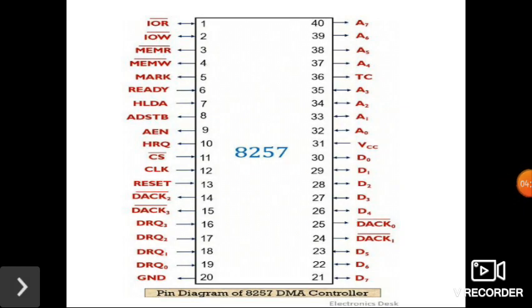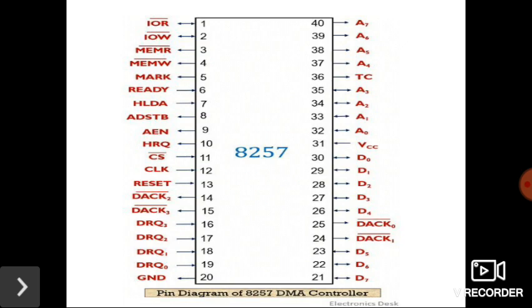Next we can see the pin diagram of the 8257 DMA controller. The 8257 is a programmable DMA controller available in a 40-pin dual in-line package, as shown in the figure. DRQ0 to DRQ3 are the four separate DMA request lines.